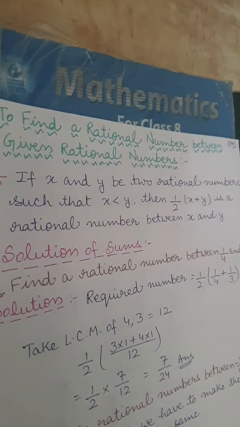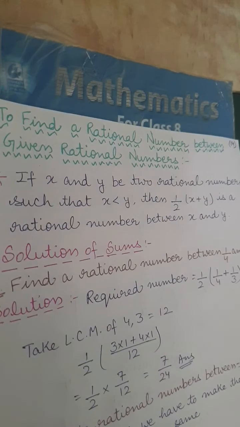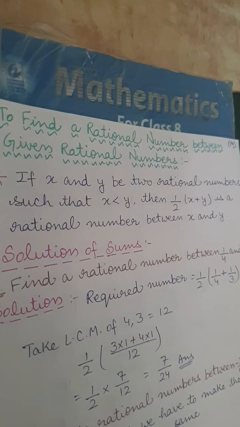What I have said, first sum or add the given two rational numbers and then divide them by 2. Fine. So in this way we can find out the rational number between the given rational numbers. Fine. We can find any number of rational numbers by following this method.